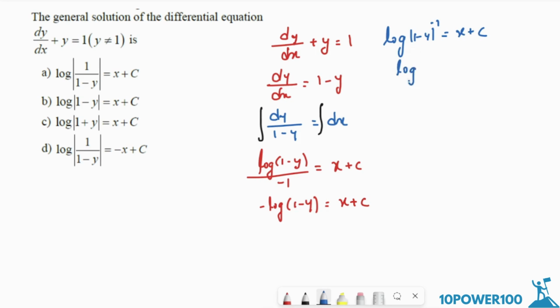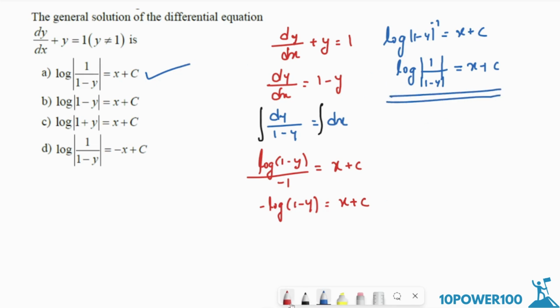That becomes log 1 divided by mod 1 minus y is equal to x plus c. So we can put mod for the numerator too. If you do that, it looks like the first option. So option A, log 1 by 1 minus y is equal to x plus c is the right answer.